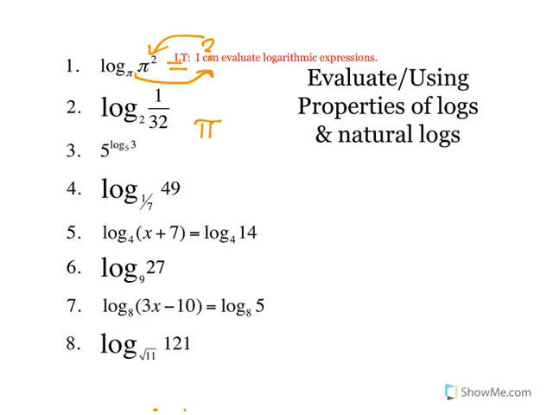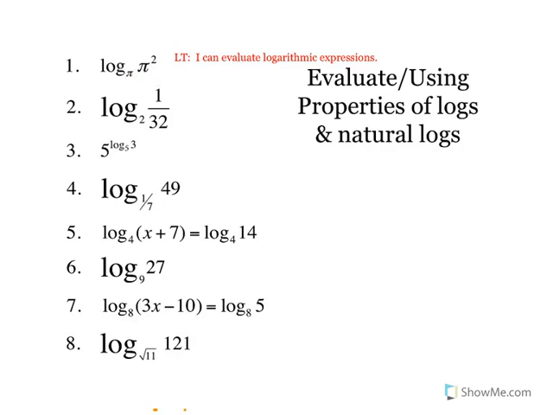Pi to what power equals pi squared? Pi to what power equals pi squared? Answer is 2. Okay. This question mark has to be 2 in order for it to equal pi to the 2 power. Okay. And that's it. Some of these are that simple.